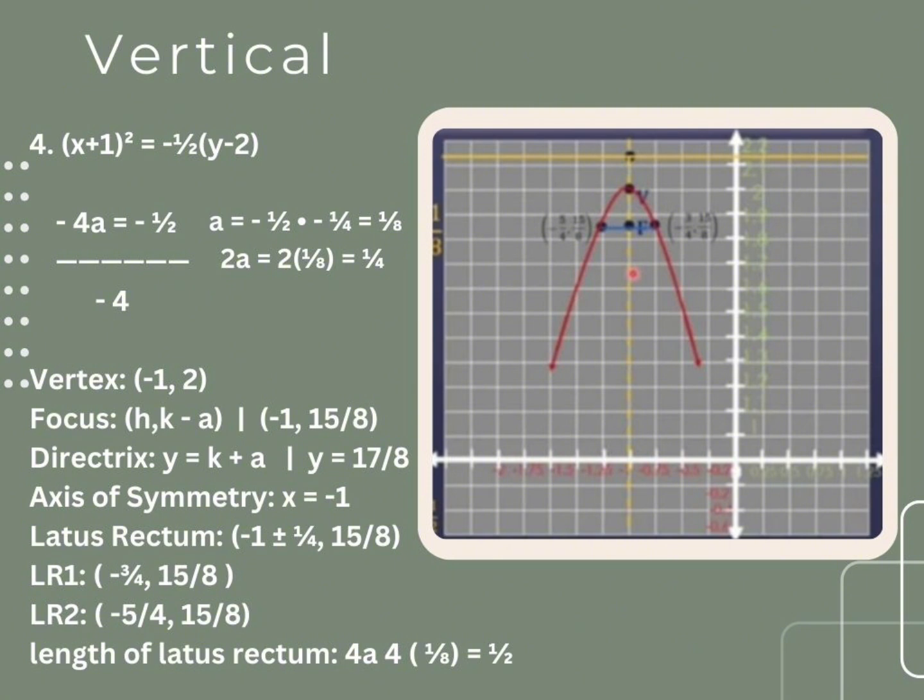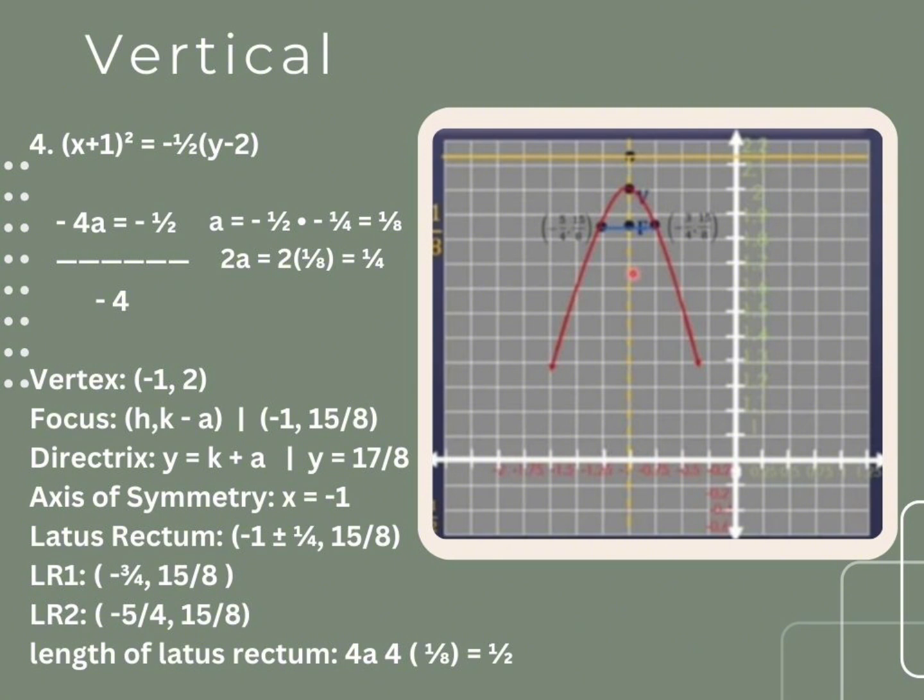Directrix: y = k - a = 2 + 1/8 = 17/8. Axis of symmetry: a vertical line through the vertex, x = -1.